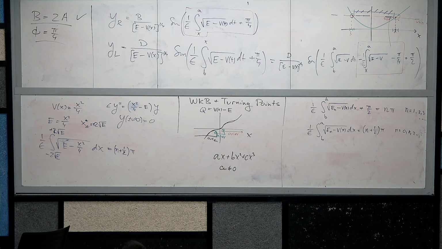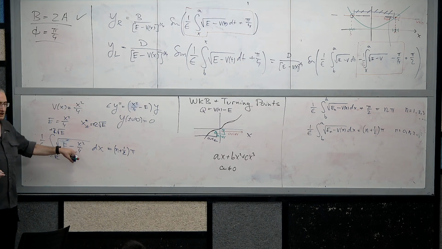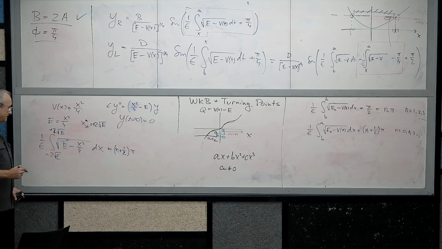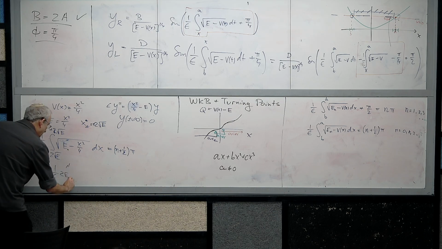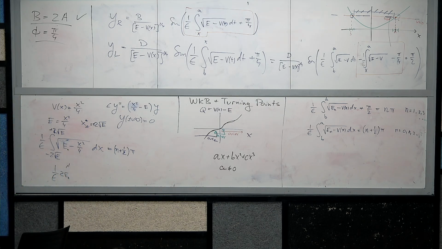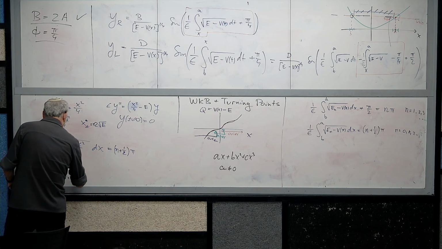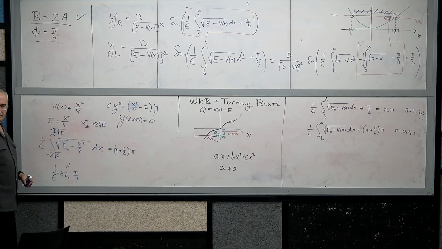You can divide everything by E, and then you have 1 minus something squared, and then you define it as a sine and cosine and so on. So this is 1 over epsilon times 2E times pi over 2. That's the result of this integral.